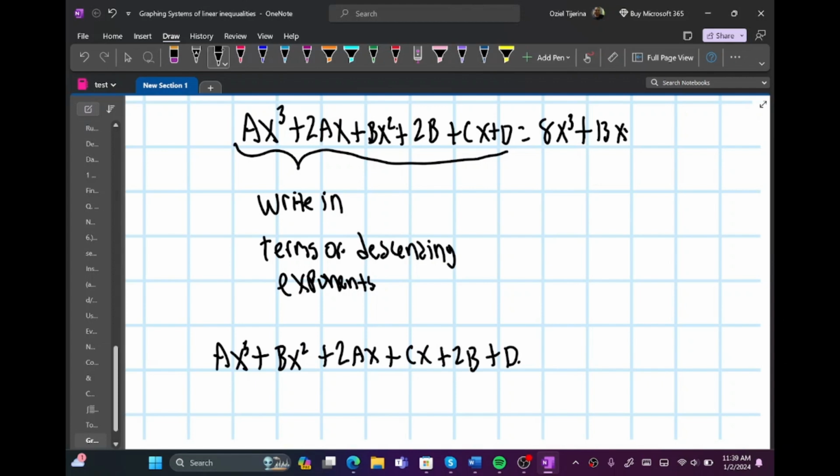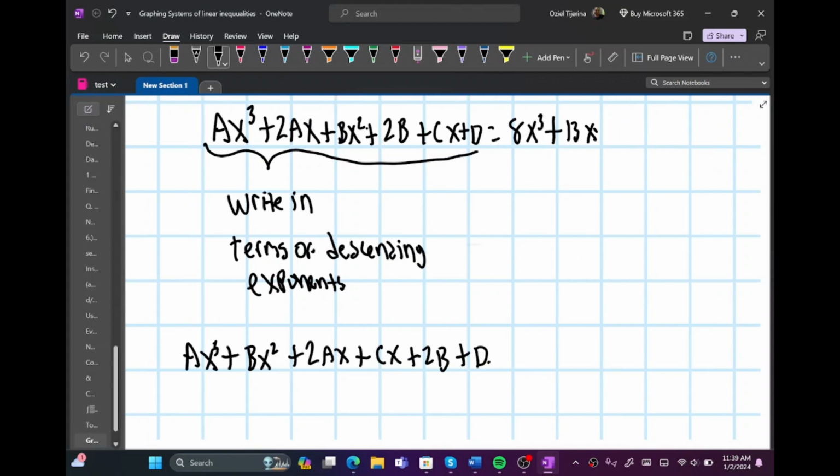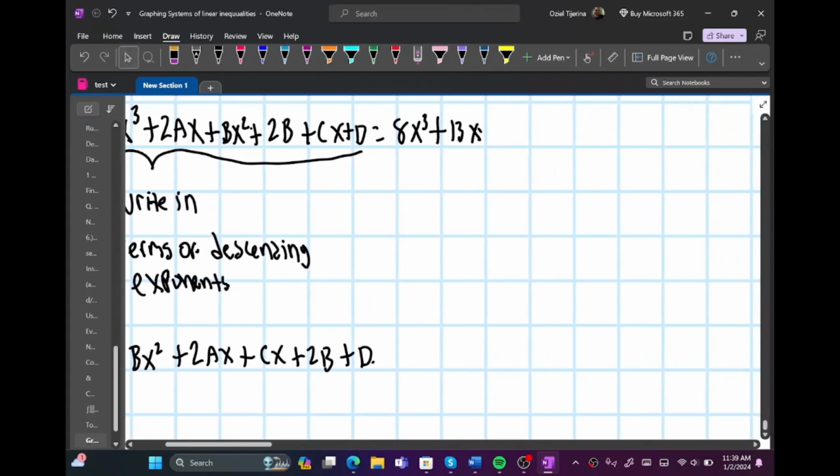So I'm just writing it down in terms of descending exponents here. I just want to make sure I did it right. bx squared, 2ax, ax cubed. Okay. And this is obviously equal to 8x cubed plus 13x.